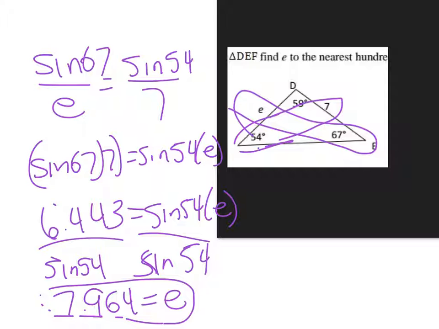That's my answer, which should make sense. 67 is bigger than 54, so it should make sense this side is bigger than 7.